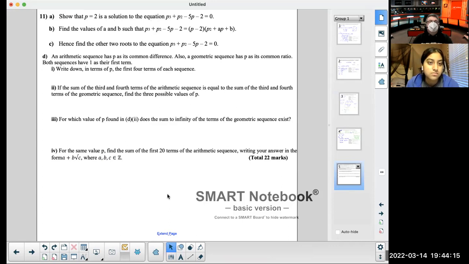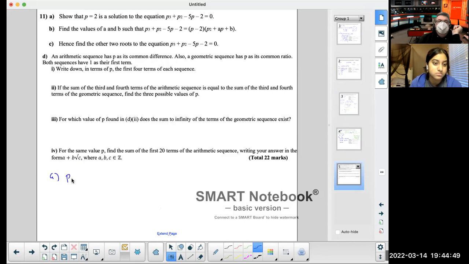So even if you can't show that P equals 2 is a solution to this, you're able to do the next one, because you need that to do this. Okay. All right.